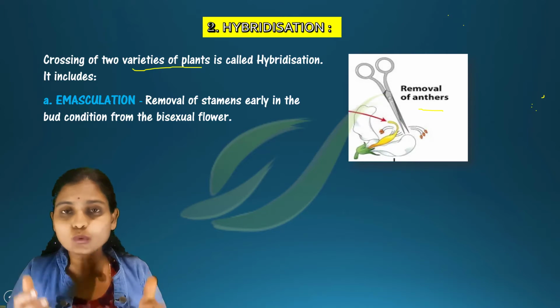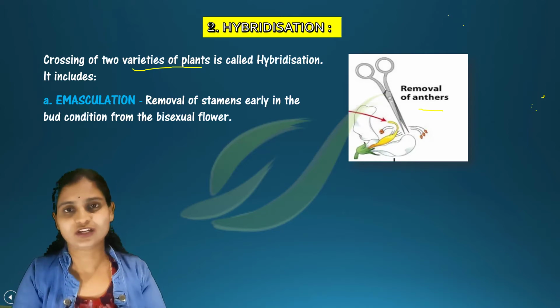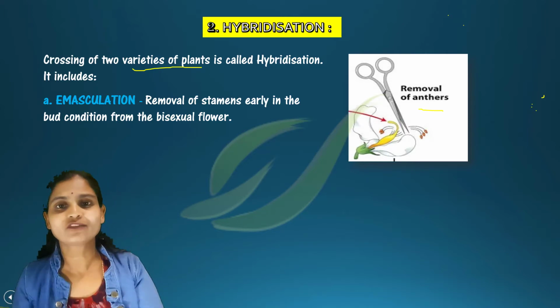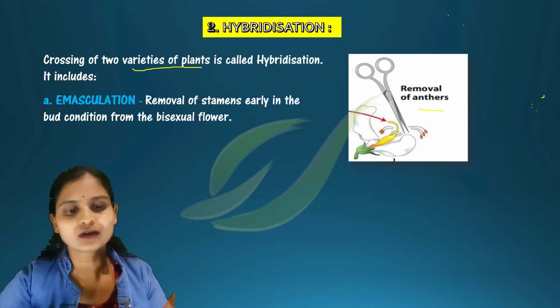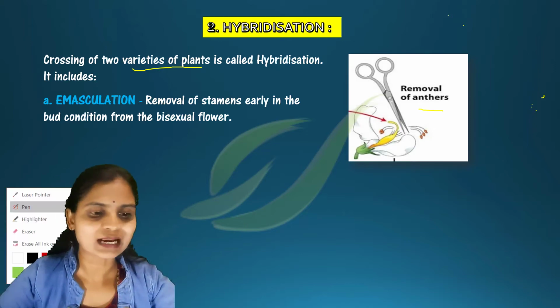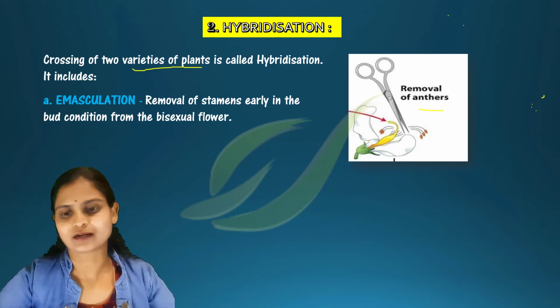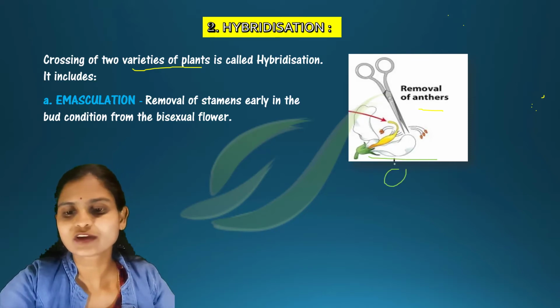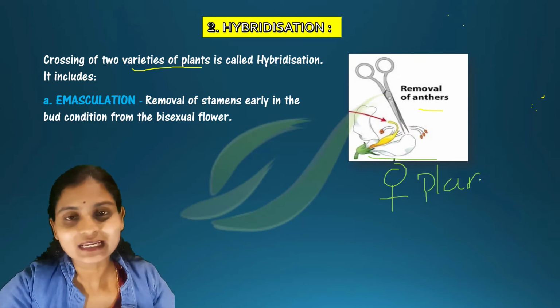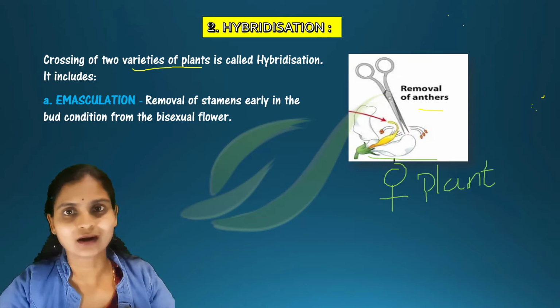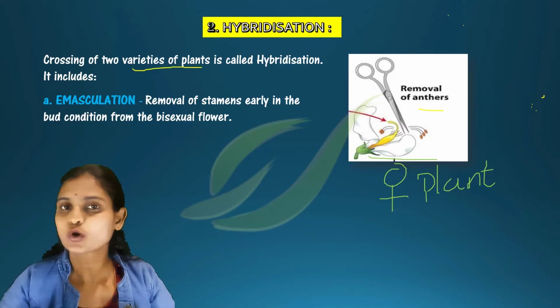Because to undergo cross pollination, one plant we are selecting as a female plant. If I am selecting it as a female plant, the male organ should not be present.